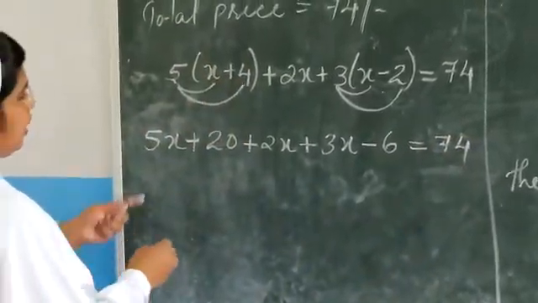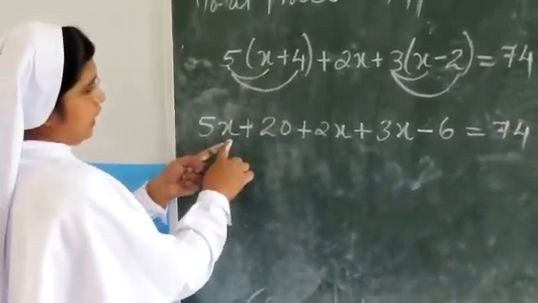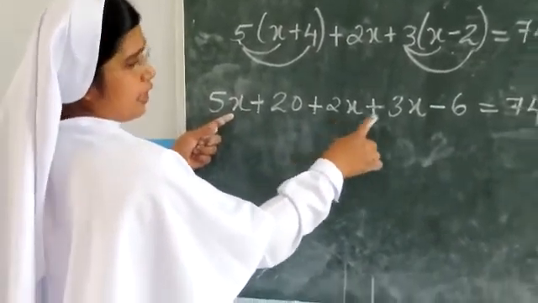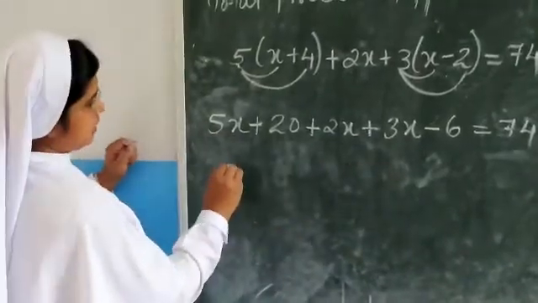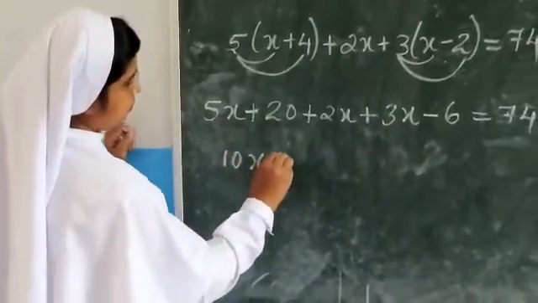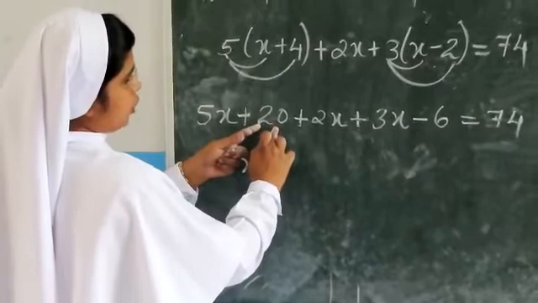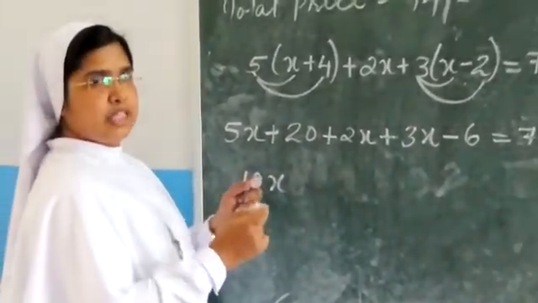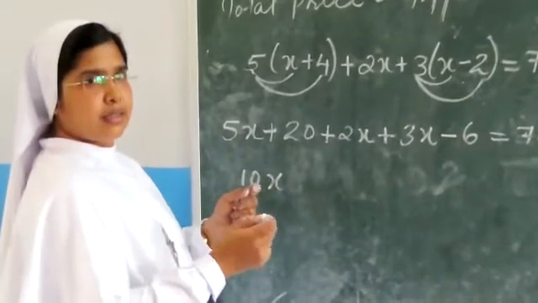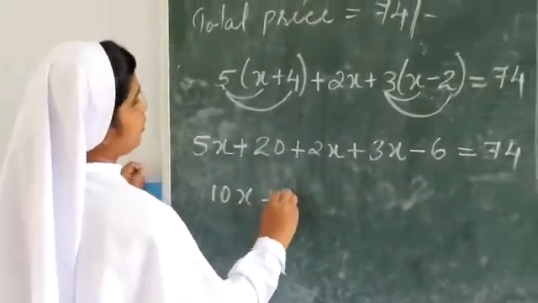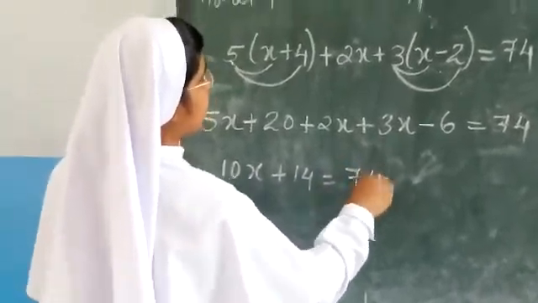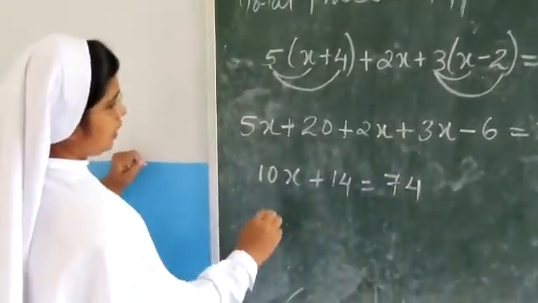This is equal to 74. Okay. Now, the terms with x: 5x plus 2x, 7x. 7x plus 3x, 10x. Now, plus 20 minus 6, how much? Plus 14 is equal to 74. Alright.